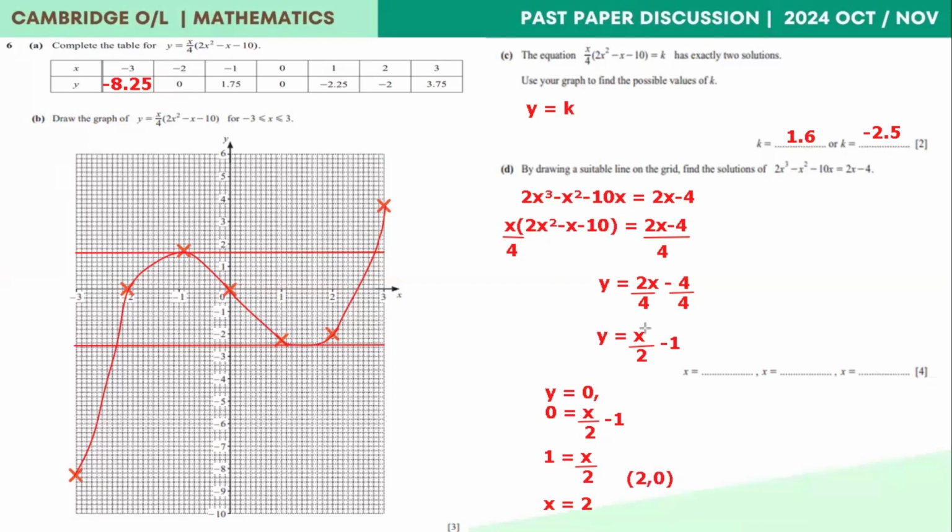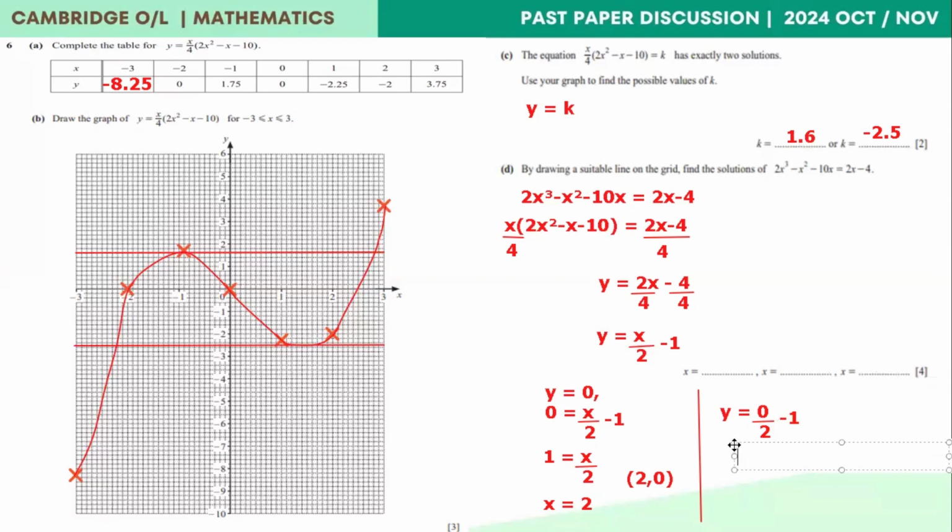Another point we can find is when x equals 0. So when x equals 0, y equals 0 over 2 minus 1.